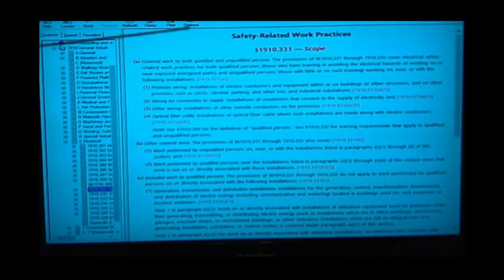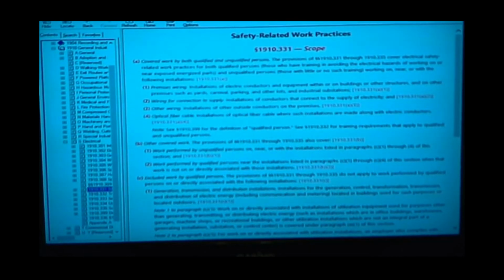So at this point, anybody exposed to electrical is covered by these standards. Doesn't matter what the occupation is. Electricians, maintenance, linemen, manufacturing, doesn't matter. If you so much as go to work in the morning and turn on a light switch or plug something into the wall, you're covered by the standard. And it goes on to list just about all occupations you can imagine.